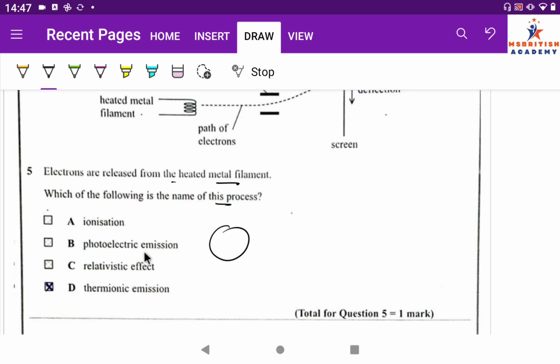This is not photoelectric emission, because the photoelectric effect is caused by light: when light falls on a metal surface, electrons are ejected. Not the relativistic effect either. This is thermionic, because the electrons are removed by heating; the filament is heated, so some electrons are ejected. So this process is thermionic emission, and question 5 is D.